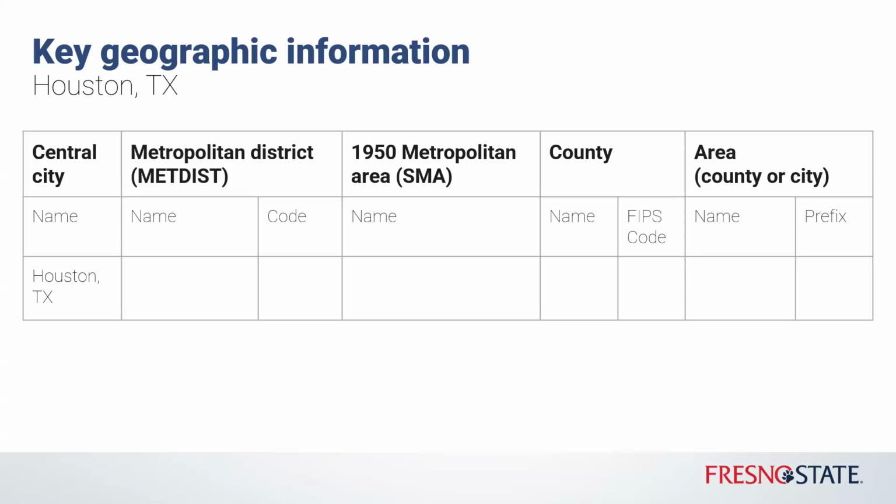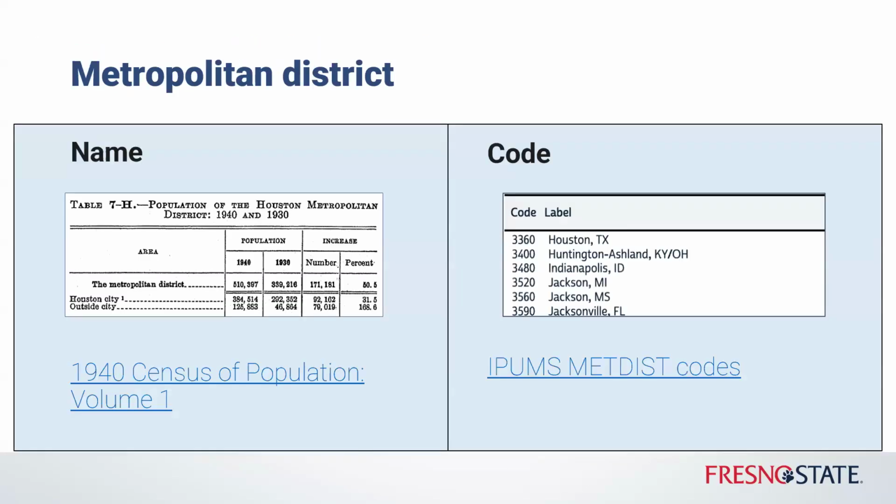So using Houston, Texas as an example, Houston's a nice, simple example because when you go to the 1940 Census of Population, and we have a link directly to that, you can see that the metropolitan district included the city of Houston, which is this urban core, and then everything outside of the city of Houston. So that tells you that the metropolitan district of Houston was split up into two areas, the urban core and then the surrounding area.